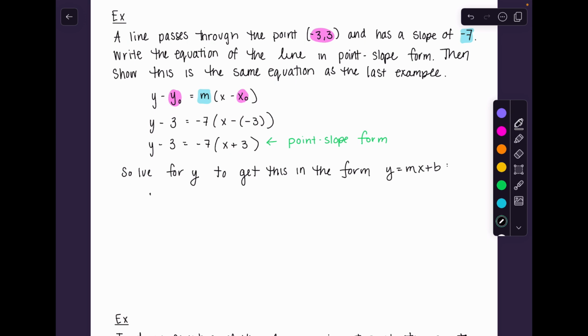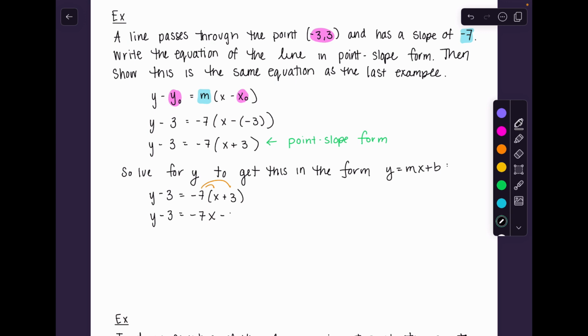So just rewriting this first, so this way I can draw on it and show things. I want to just get mx. I don't want this parentheses attached. So I'm going to go ahead and distribute the -7 out. So this is y minus 3 is equal to -7x. And then you have to do -7 times 3.